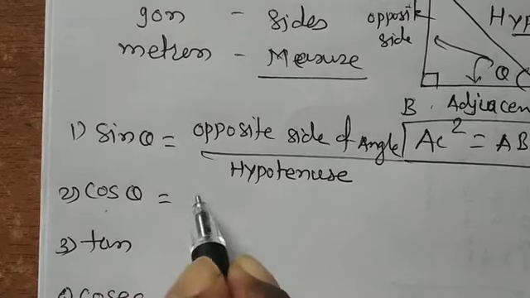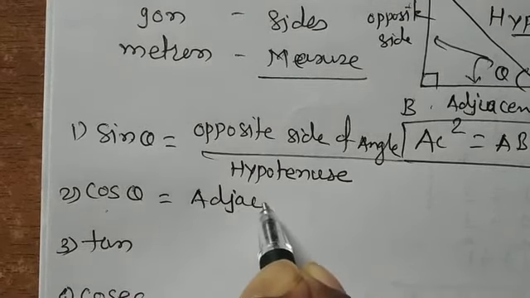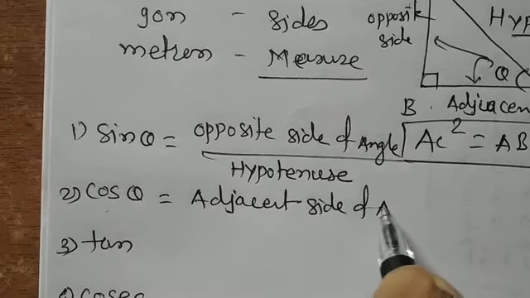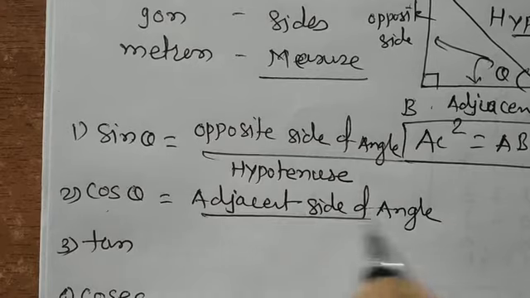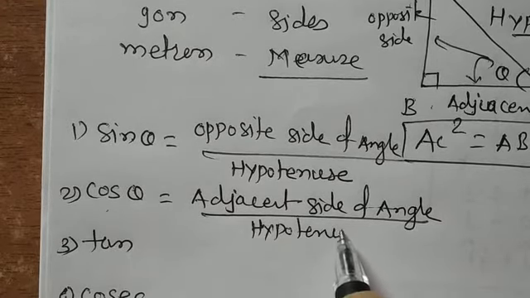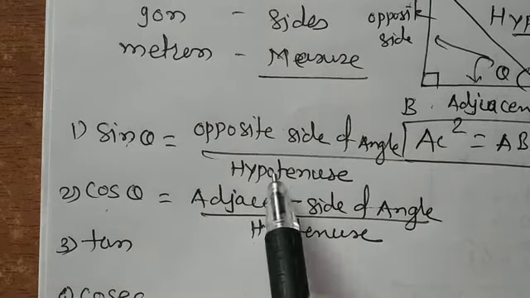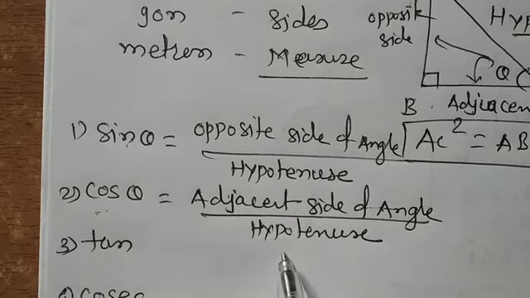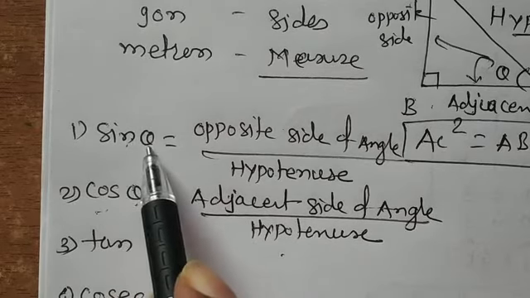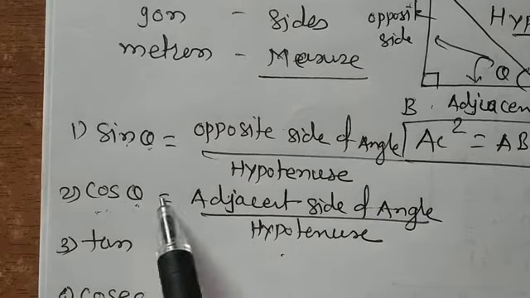Cos theta is the adjacent side of the angle upon hypotenuse. Sin theta is opposite side upon hypotenuse, cos theta is adjacent side upon hypotenuse. That depends on theta. Sin theta is the opposite side of this theta, and cos of theta means the adjacent side of this theta.